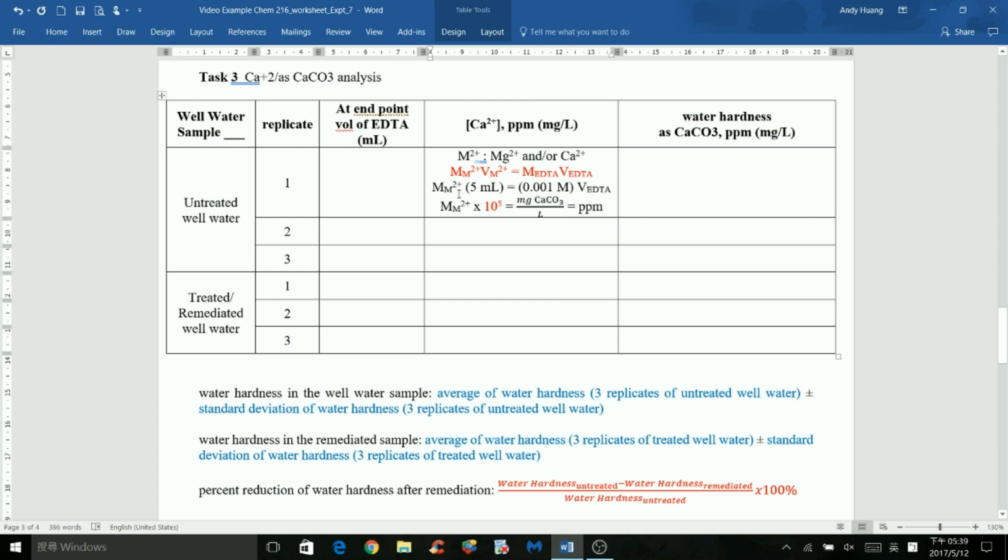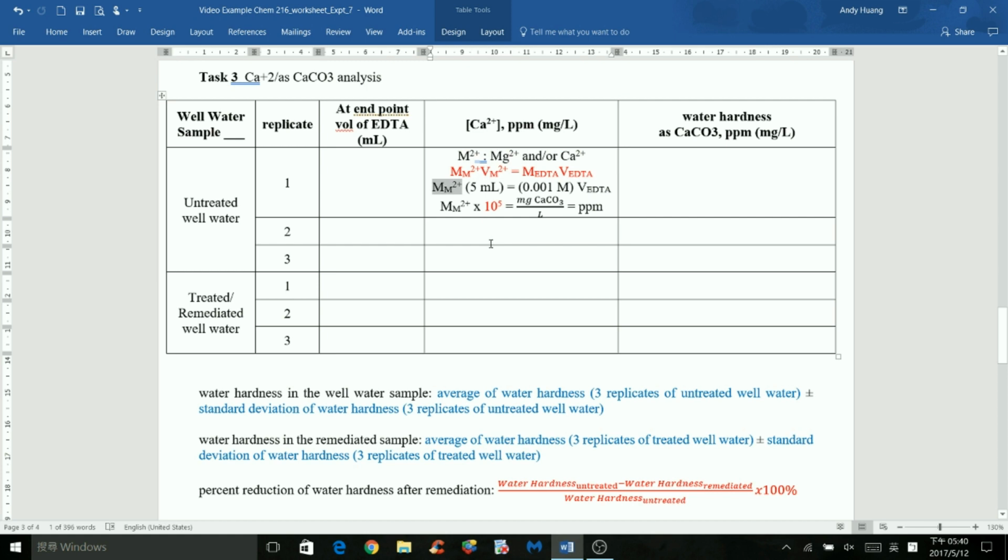So here obviously we're looking for the molarity of the cations, and if you recall, you used 5 milliliters of well water sample, so we'll use that as our volume of the cations. And the EDTA used was 0.001 molar, and the volume of EDTA here is obviously whatever value you have here. And after that, you can calculate this value.